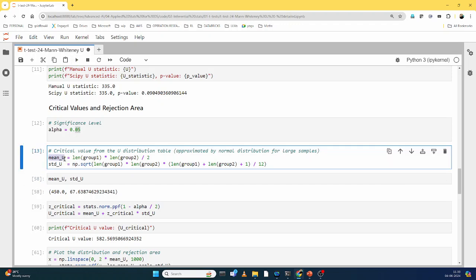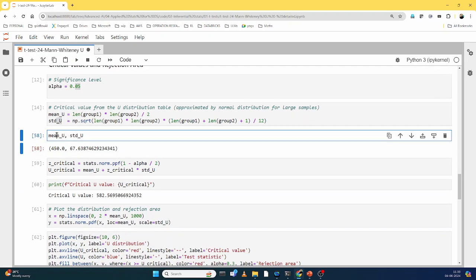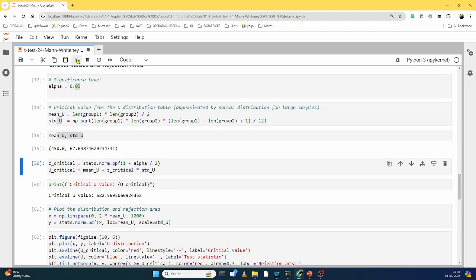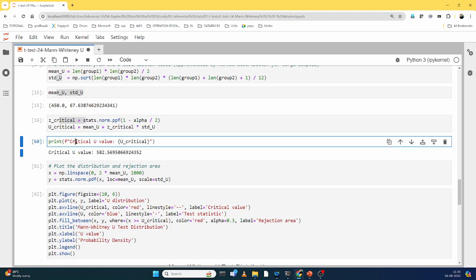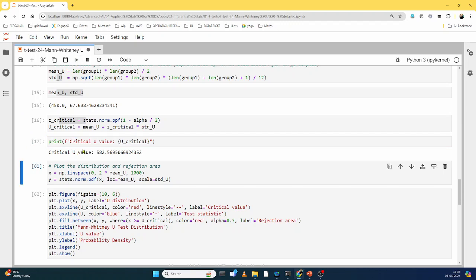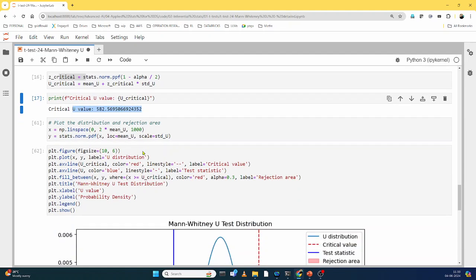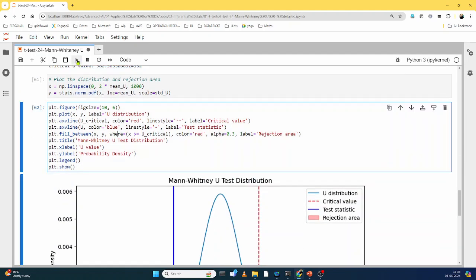firstly, we need to compute the distribution mean and the distribution standard deviation, as per the formula. And then we compute the z-score values for the critical value at the alpha we have here, and then we plot it.